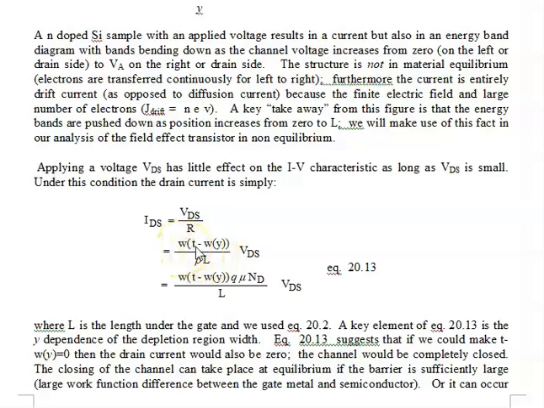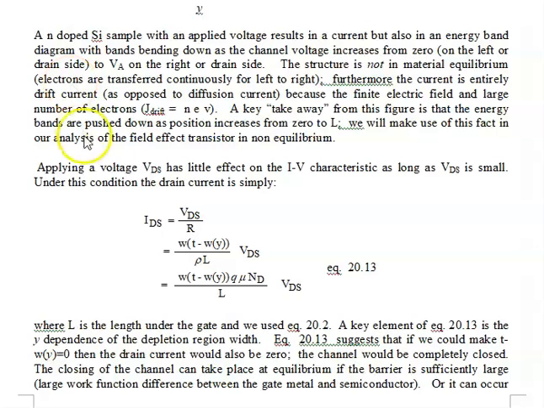Depletion region and the deposited channel minus the depletion region. This is my A. It's now a function of Y. I substitute for rho, and as long as VDS, however, is not too big, and I haven't pinched off the channel.